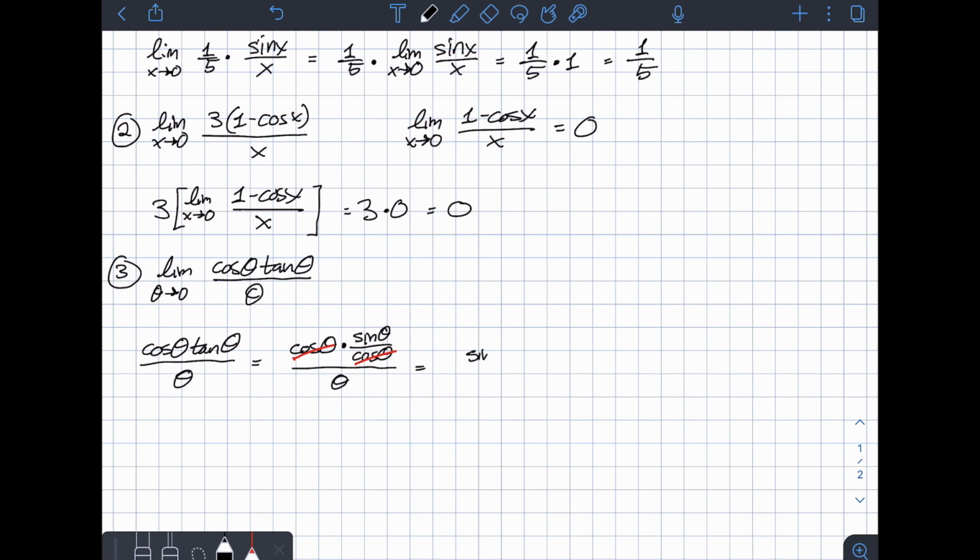So we get sine theta over theta, and the limit is equivalent to the limit as theta approaches 0 of sine theta over theta, which, as we saw before, with theta just being another variable, is equal to 1.